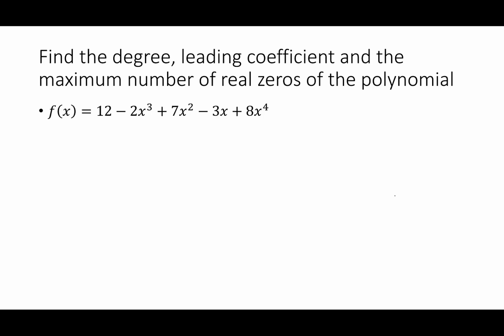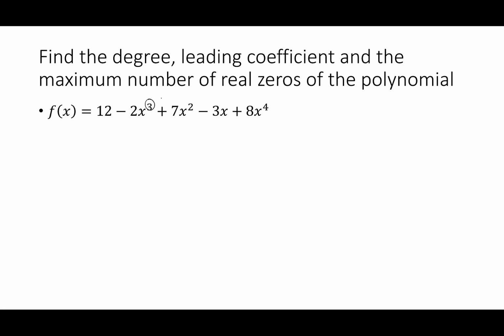So let's take that away from a picture and just look at a polynomial written out. We're going to find the degree, the leading coefficient, and the maximum number of real zeros of the polynomial, and we'll just add on how many turning points it could have. So I have f of x is 12 minus 2x cubed plus 7x squared minus 3x plus 8x to the 4th. Now again, go through and look.